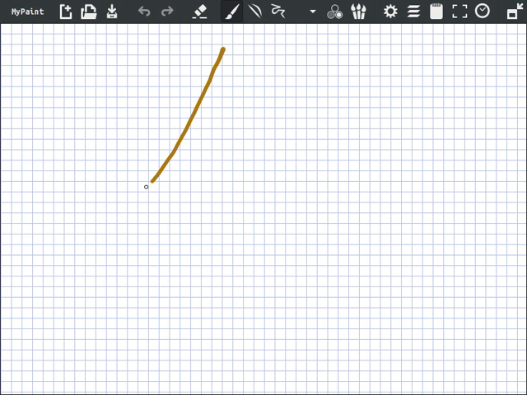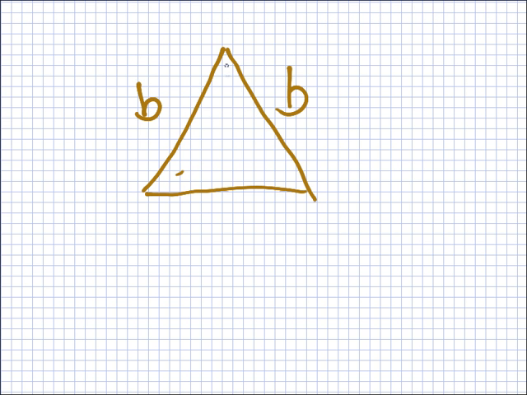Consider an isosceles triangle with common side of length B and base A. What's the area? So let me draw that for you. So this is B, and then the base is A, which I'm going to split into two.